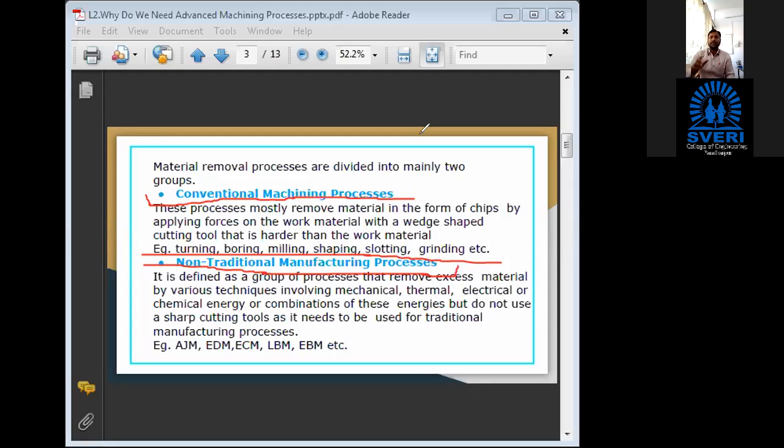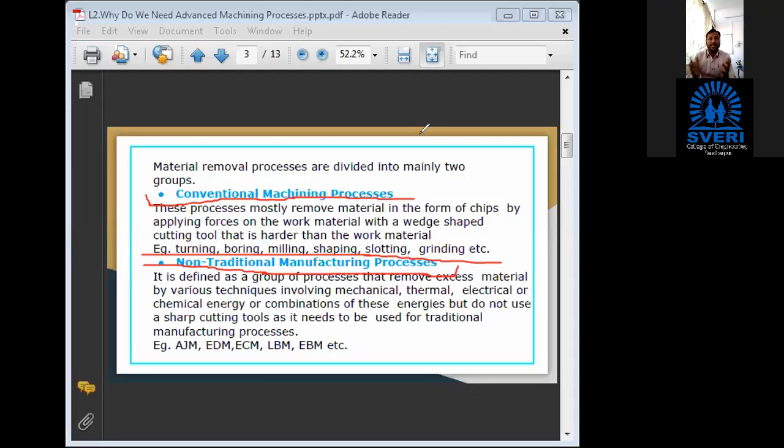How are they going to remove material? By various techniques involving mechanical, thermal, electrical, or chemical energy, or a combination of these energies.